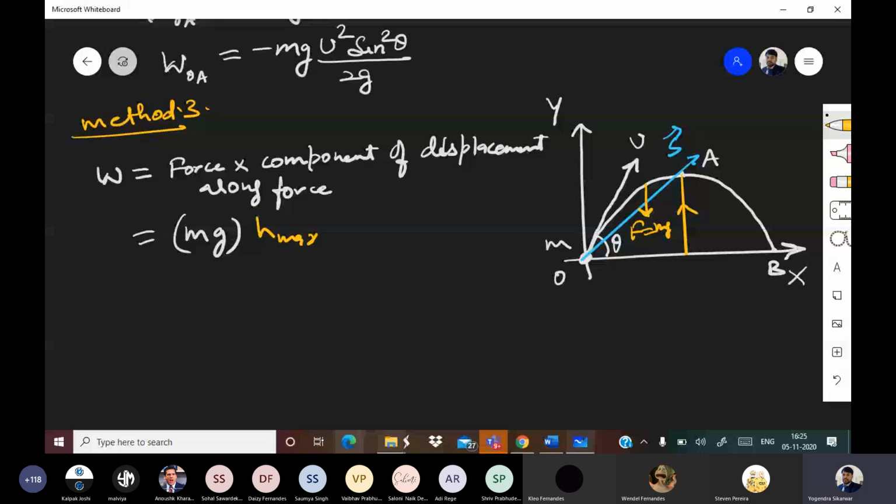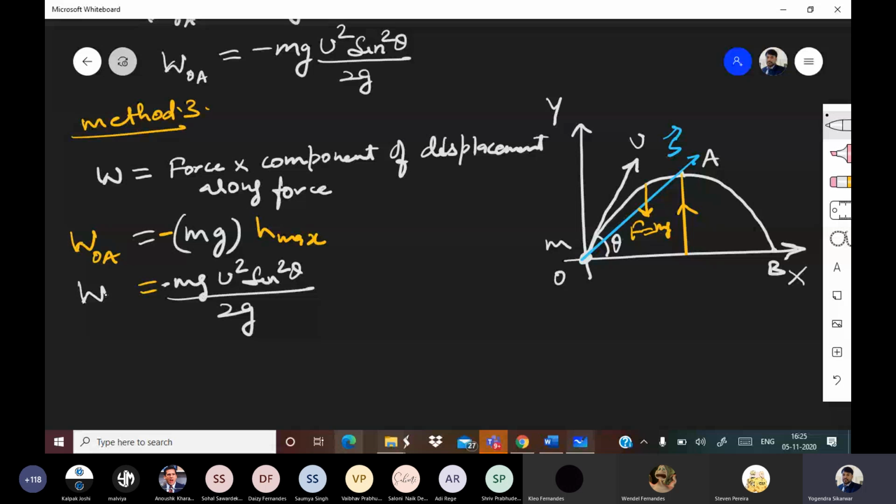See whether you are able to understand what we have done or not. So W OA is equal to force into component of displacement along force. So the component of displacement along force is minus h max basically. So our answer will be minus mg, h max is u square sine square theta upon 2g.